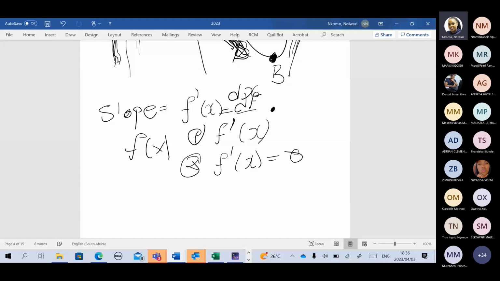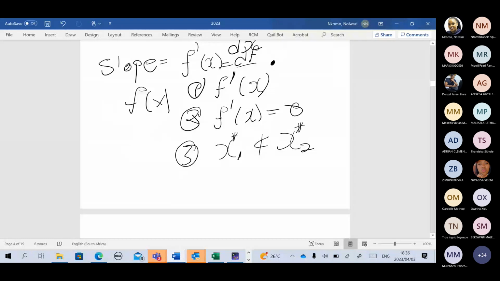Then the next step is to find the corresponding values, right? To find the corresponding value for x star 1, you substitute it back into f of x. So that means you have x star 1 corresponding to f of x star 1.